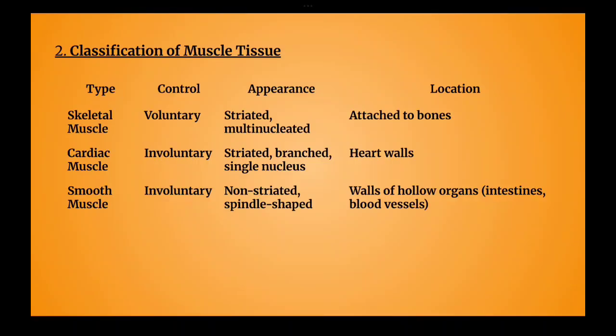Next, cardiac muscle is present only in the heart walls. Note, this is important, cardiac muscle cannot be present anywhere else other than the heart. Next, smooth muscles are found in the walls of hollow organs, the empty or pipe-like structures. That is called hollow organs. These could be intestines, blood vessels. So smooth muscles are present in these areas.